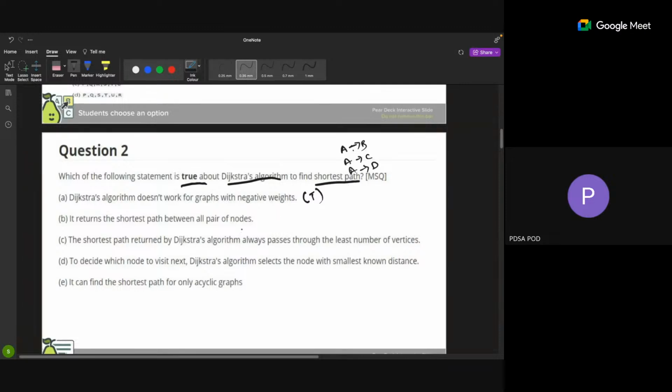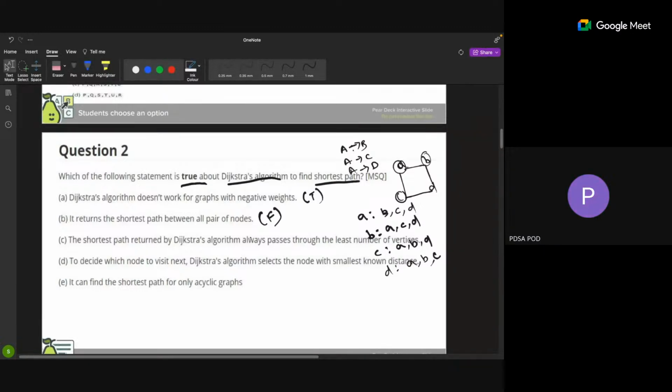Whenever all pair is there, for example, we have a graph like this, A and B and C and D. All pair means it tries to find A to B, C and D. Similar way, B to A, C and D. And similar way, for C, we are trying to find A, B and D. And for D, we are trying to find the shortest path from D to A and B and C. So this is called all pair, but all pair is exclusively handled by the algorithm called Floyd-Warshall. So this statement is definitely false.